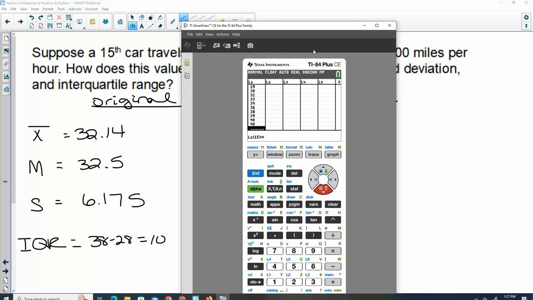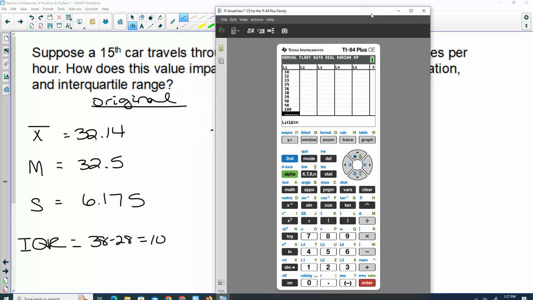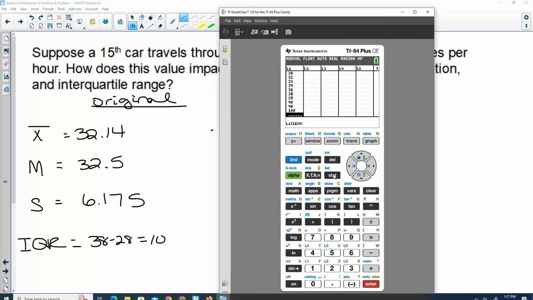So I'm going to add in a 100. So that was back to our stat edit. And now we want to recalculate everything. So stat, calculate the one variable statistics again.